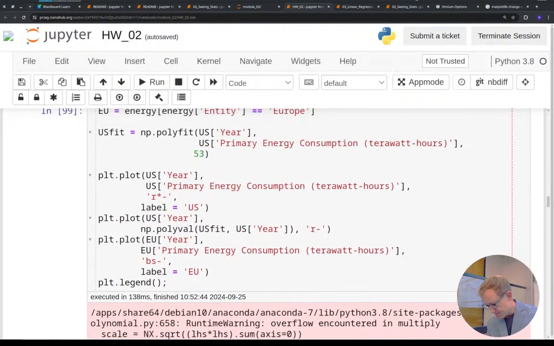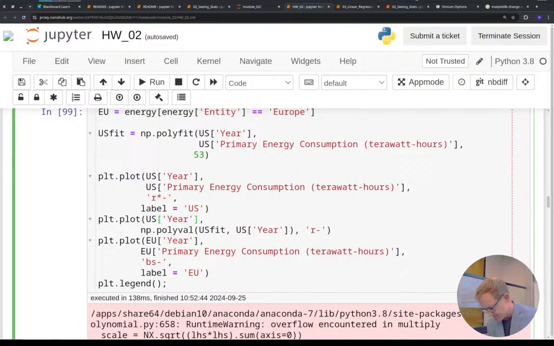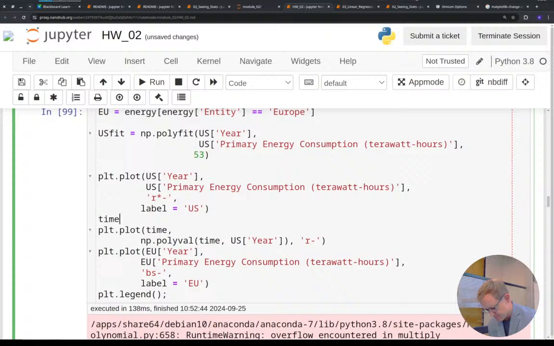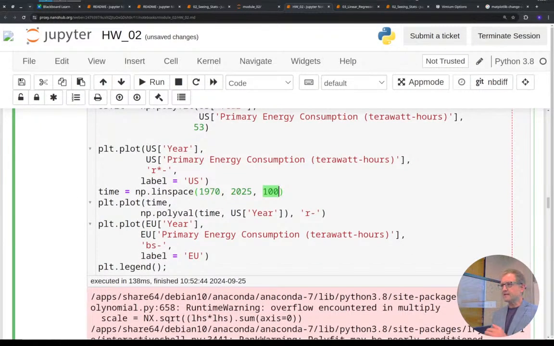All right, let's do this. I'm going to define my own time. So I have a function. I can define any point in time because I did a best fit function.